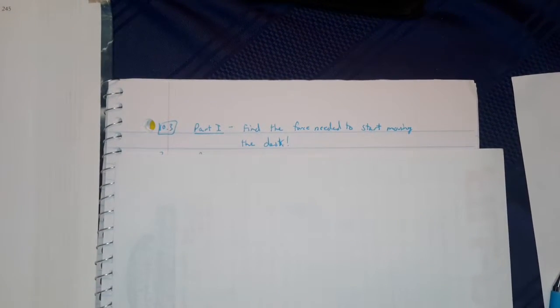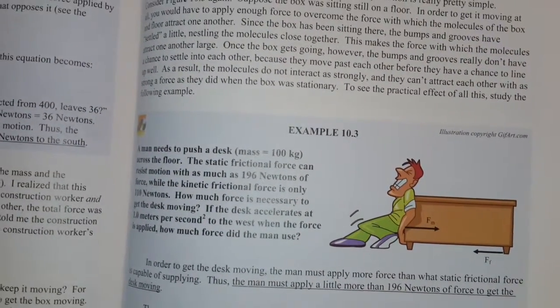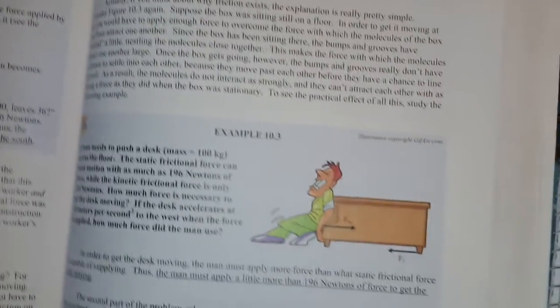Alright, back to the problem. So, part 1, we need to find the force needed to start the moving desk. The first question you should be asking yourself, since they give us both static and kinetic, is which one do I use? They give us the static frictional force as 196 newtons, and the kinetic frictional force as 110 newtons.